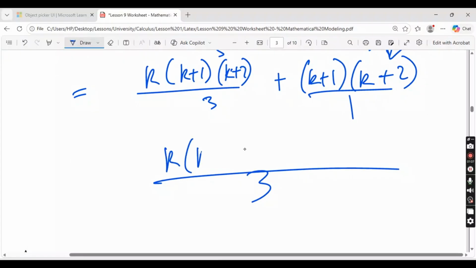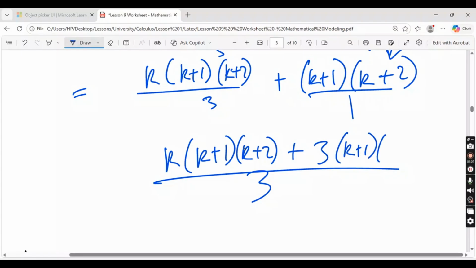Here we write 3. Here we write k times k plus 1 plus 2 plus 3, right? Times these guys, right? Okay, any questions so far?